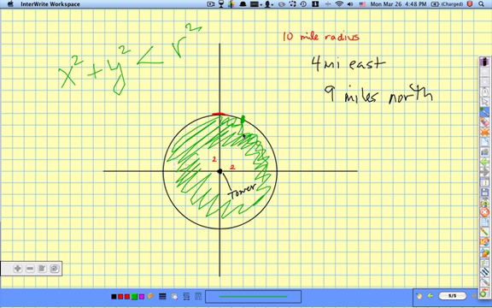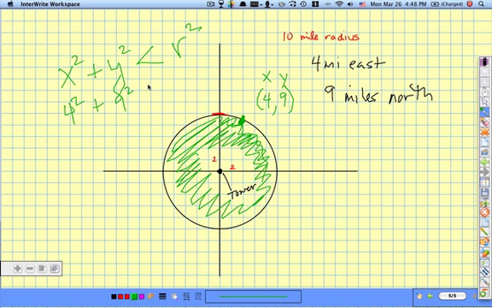So what do you know? Well, you know this point, wherever you are, 4 miles east, 9 miles north, so 4, 9. Is that on the inside of the circle, or outside, or on it? Let's check it. 4 is your x, 9 is your y. Put them in. So we get 4 squared plus 9 squared.